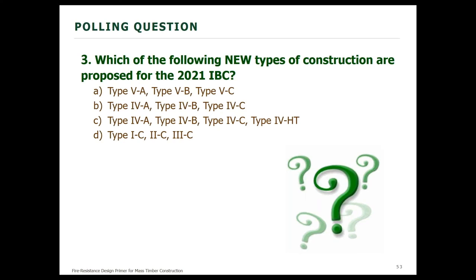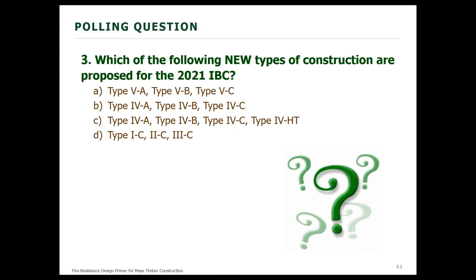Thanks, Marcy. And again, the answer is types 4A, 4B, and 4C, so the answer is B. I noticed when Marcy went through the poll that 38% picked C. I want to give a little credit to those of you that did choose C. The reason that the answer is B is because the types of construction and all of the criteria as far as the fire resistance rating, that's what's new, is for types 4A, 4B, and 4C.